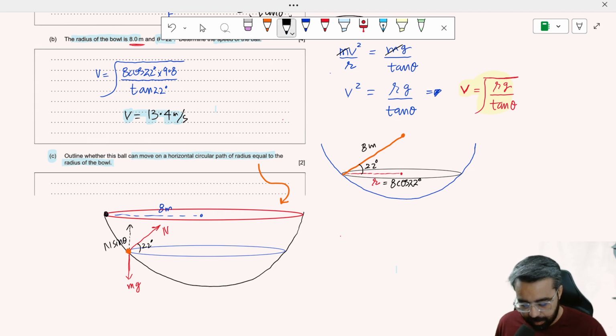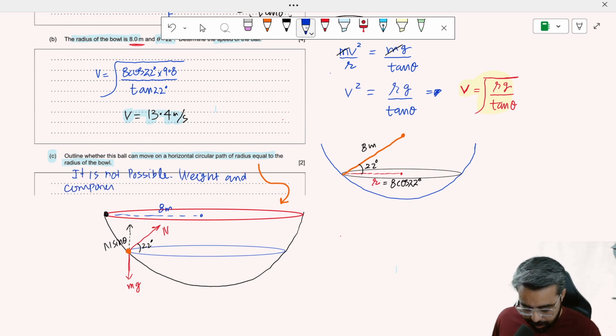And secondly, the weight that was balancing the vertical component of the normal force at that location will not do so at this location, because the weight cannot change. That's why this weight will not cancel out the vertical component at this point. So that's why it is not possible. Weight and the vertical component of normal force will not be balanced.